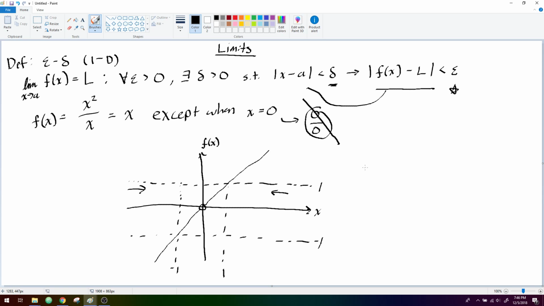Since if we want to talk about squeezing and how f of x is getting closer and closer to 0, what we really want to be able to prove to someone is that you give me any arbitrarily small value of epsilon you want. Maybe it's a half, maybe it's 0.000000, lots more zeros, and finally a 1.